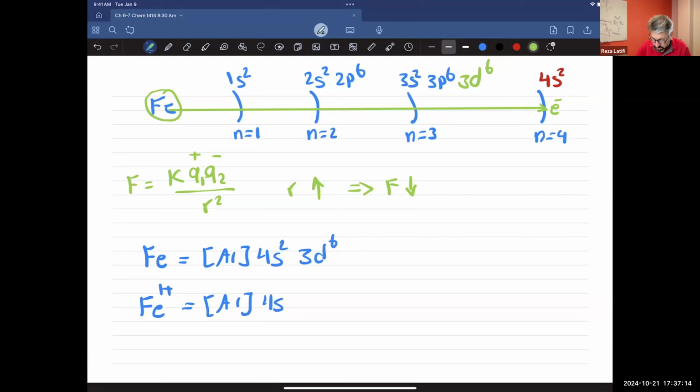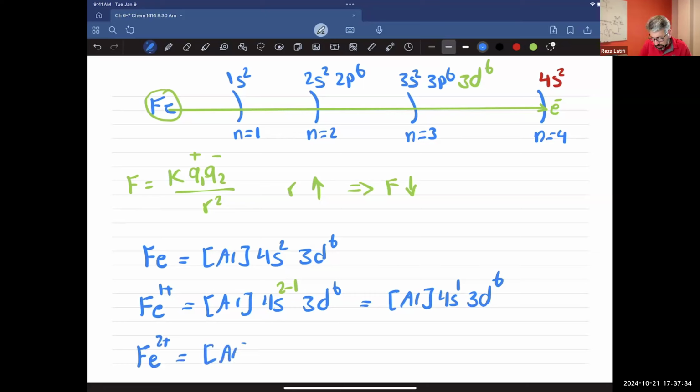So you say 2 minus 1, and then you keep the 3d as it is. So that's going to give you argon 4s1 and then 3d6. And if you want to turn it to iron +2, then you say argon 4s2 minus 2. Then you write the 3d6. So this one is going to give you argon 3d6.